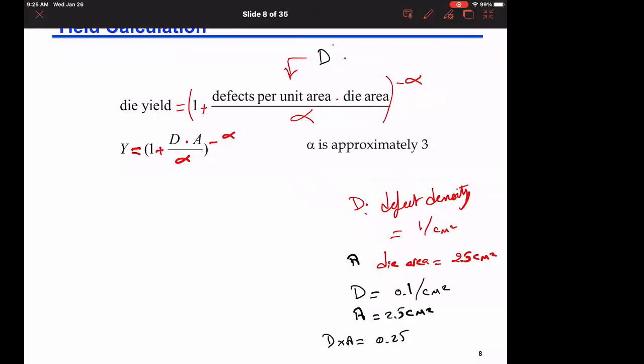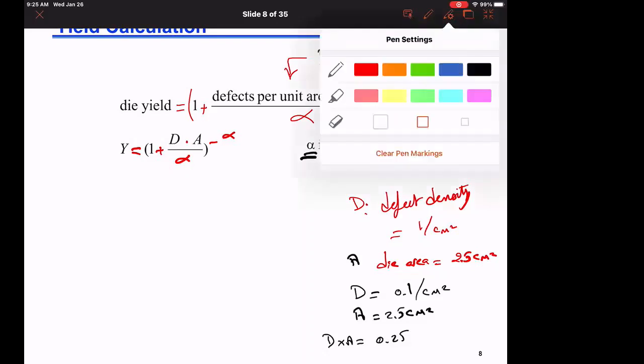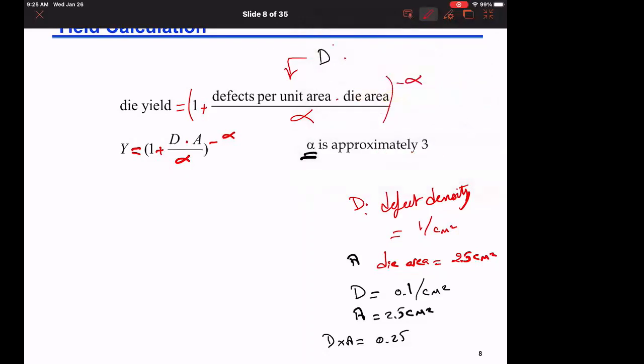Okay, and then they scale this by a constant called alpha, and this constant alpha is really a property of the fab, and they agreed that it can be around 3. And now what happens to the yield? For each D times A, here in this first one, D times A was 2.5, and here D times A is 0.25.